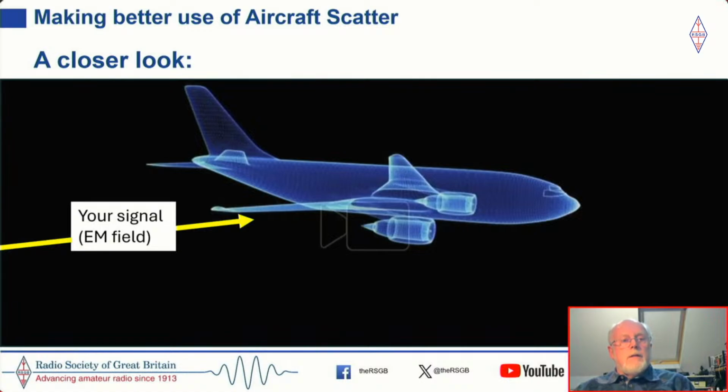So imagine the aircraft is flying about halfway between you and the person you want to work, some long way away. Your station is down below and a few hundred kilometers behind us. The other station is down below at ground level a few hundred kilometers ahead of us, which is how the available range adds up to about 800 kilometers.